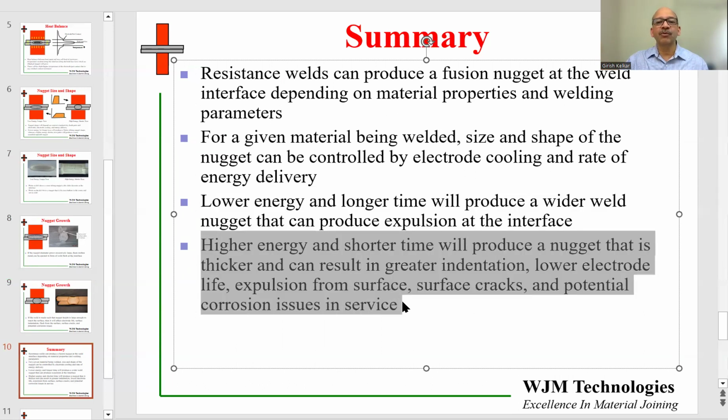You can also provide higher energy for a shorter time, which will grow the nugget vertically. And that can have negative repercussions as well if the nugget grows too much. The nugget can produce indentation on the surface. It will reduce electrode life. It can cause expulsion from the surface. It can produce surface cracks, and ultimately can have potential corrosion issues in service.